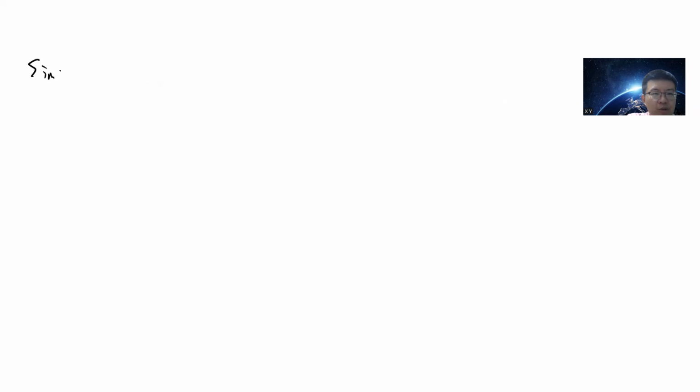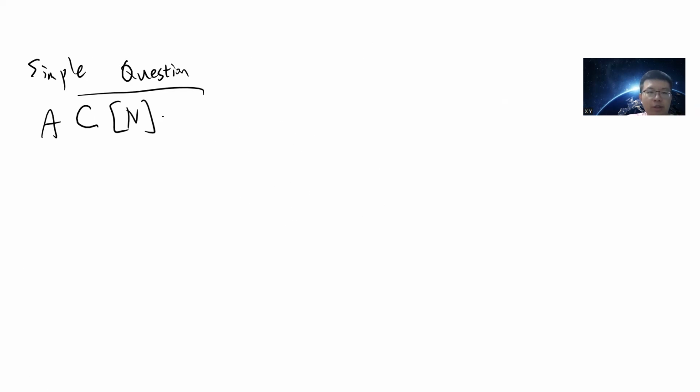So the simple question that one can ask is the following. Let's consider a Sidon subset A of [n]. Basically, this bracket n means the set of 1 to n. The simple question is: what's the maximum size a Sidon set can have?